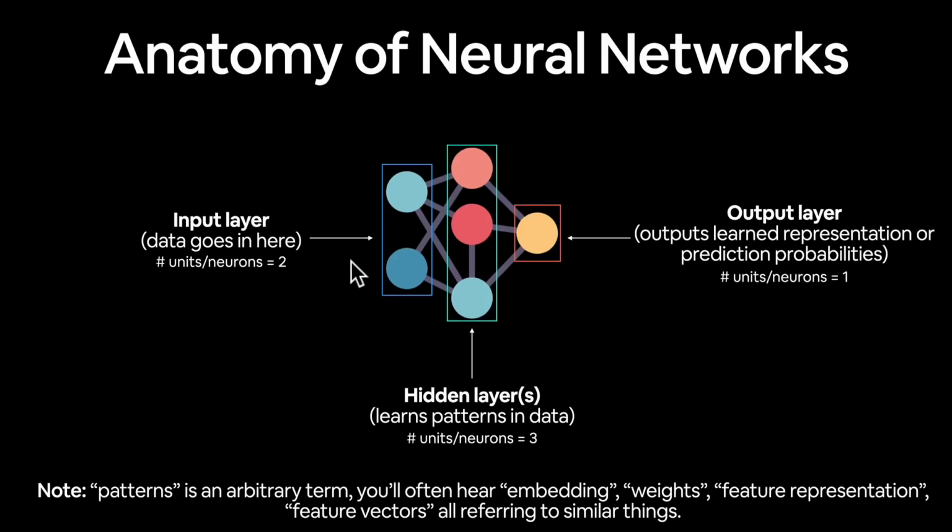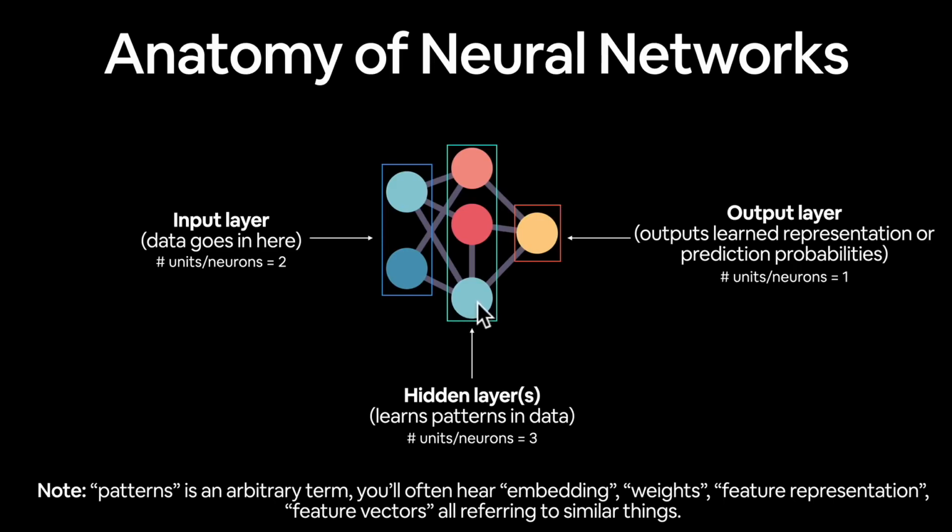Essentially every neural network that you build will have an input layer, some number of hidden layers, and an output layer. Your input layer is where your data goes in. Hidden layers is plural on purpose. It can have 1 up to 100, and some neural networks even have 1,000 hidden layers. It really depends on what problem you're working on.